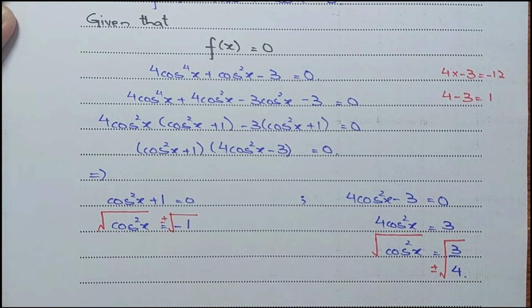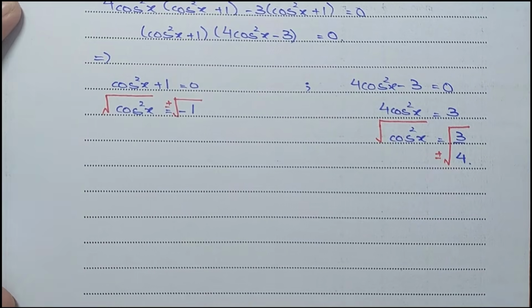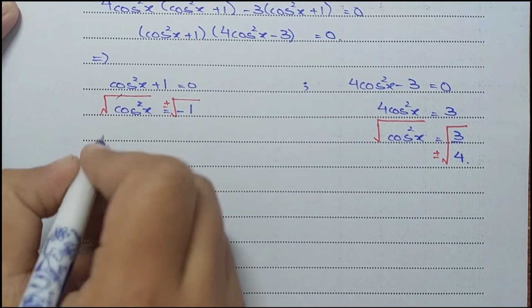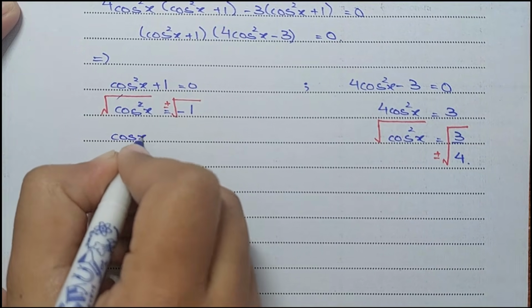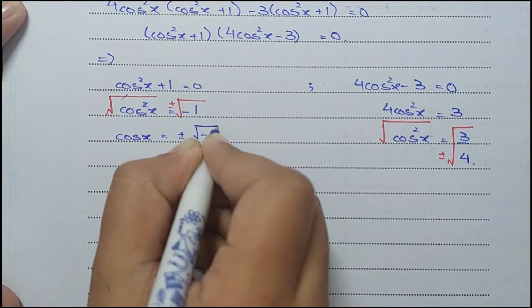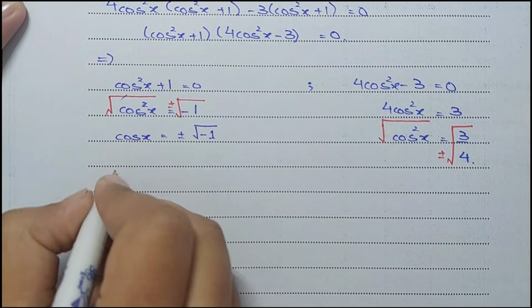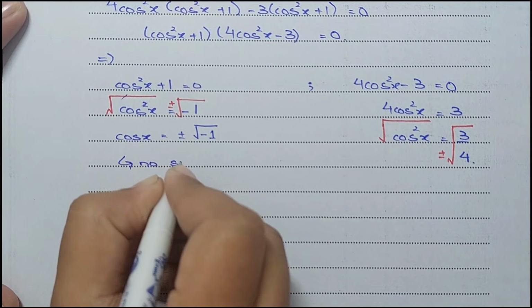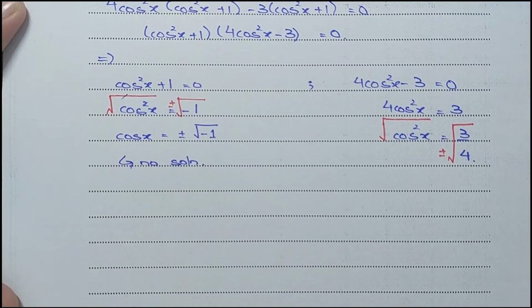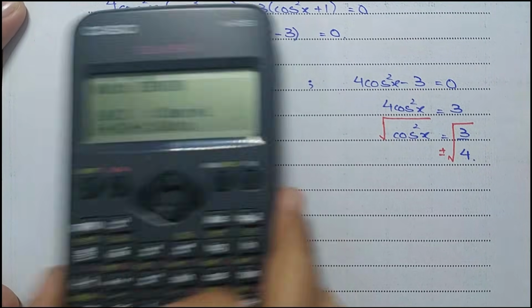When we do the square root on both sides, the answer should be in plus and minus. Keep it in mind, right? Now the square and the square root cancel out. Here we are left with cos x equals plus minus root negative 1. And whenever we have a negative sign under the square root, we have no solution. So we have no solution from here. It does not exist. You guys can see root negative 1, no solution.